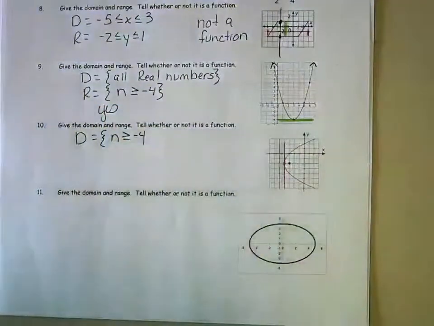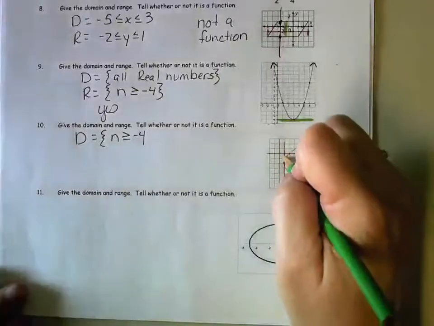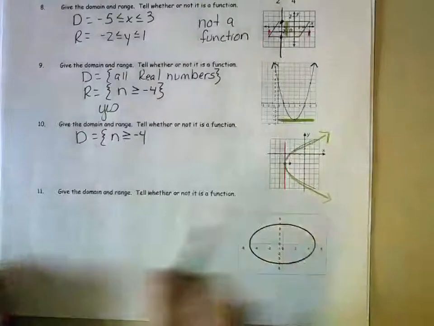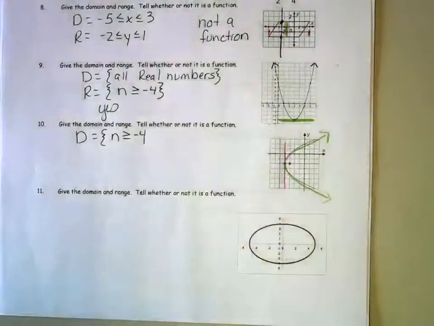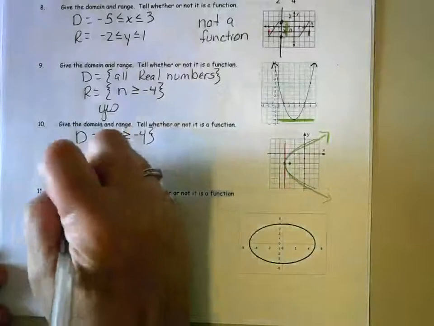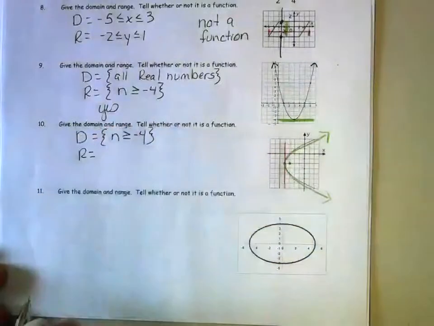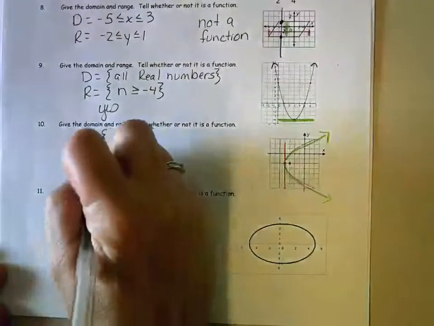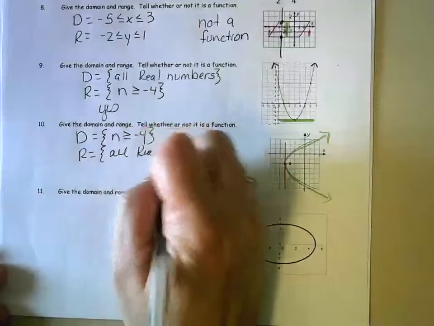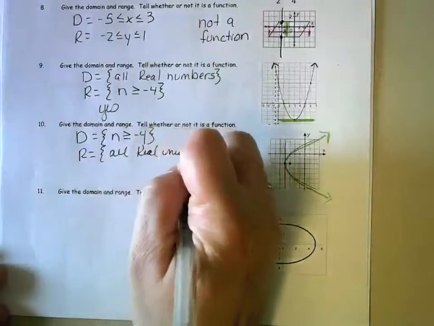And our range is top to bottom. And again, this is going to continue both ways. It's going to keep going forever and ever. So for that range, our range in this case is all real numbers.